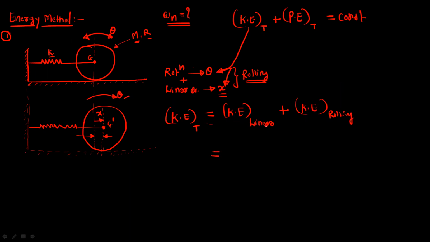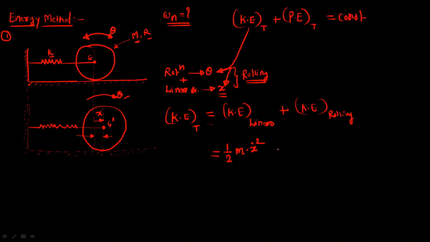For the linear motion, we can use the equation 1/2 times the mass of the disk times x dot square. Here x dot is the velocity corresponding to linear displacement x, and for linear motion we use the mass. So 1/2 m x dot square is the linear kinetic energy.